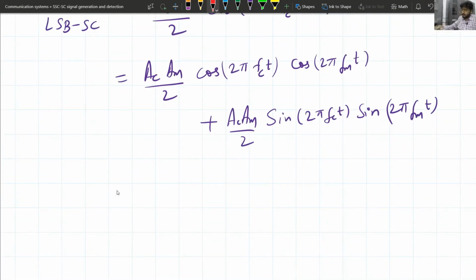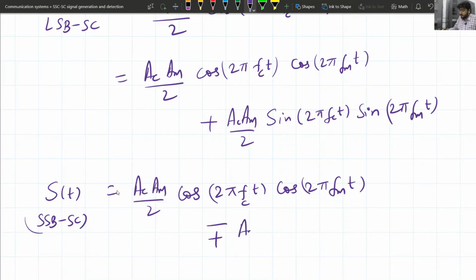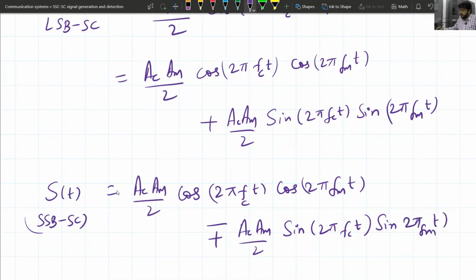Overall we can represent S(t), the single sideband suppressed carrier, as A_C into A_M by 2 cos 2π f_c t into cos 2π f_m t minus/plus A_C into A_M by 2 sin 2π f_c t into sin 2π f_m t.